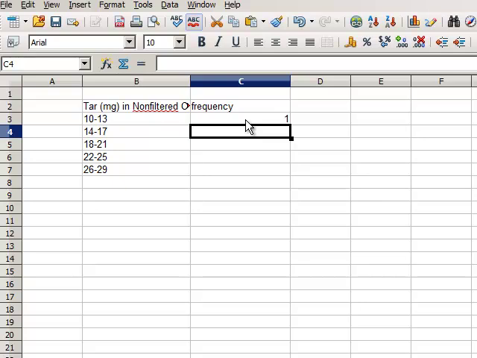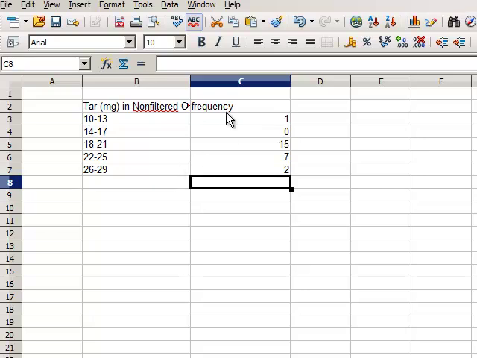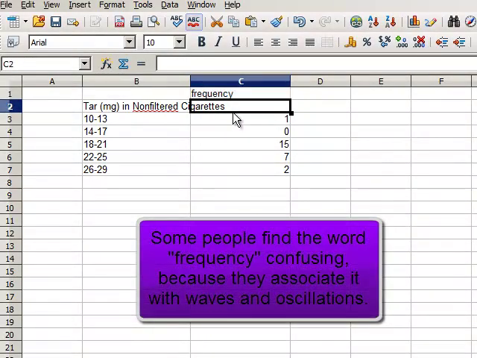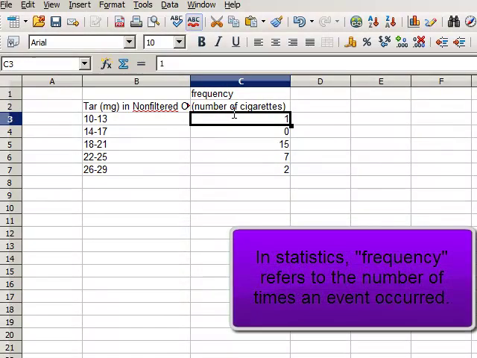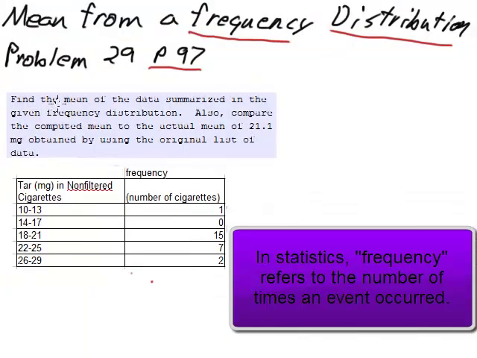One cigarette had between 10 and 13 milligrams of tar, 0 cigarettes with between 14 and 17, 15 with between 18 and 21, 7 between there, and 2 between there. So this frequency could be better described as number of cigarettes in that range.